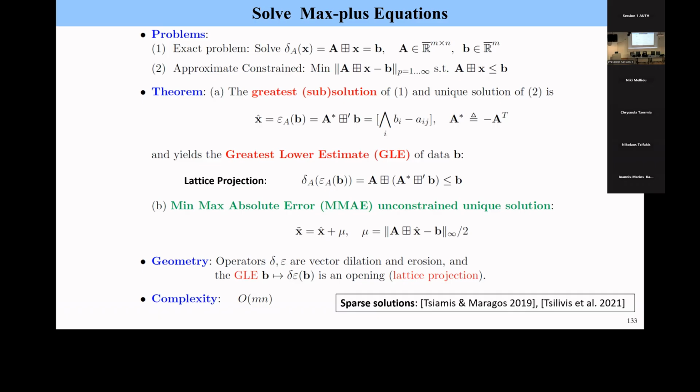The green is the greatest unconstrained estimate of the data, by minimizing the maximum absolute error, so the L infinity norm of the error. And again, the complexity of both of these solutions is linear in the size of the matrix A. So it's very fast.